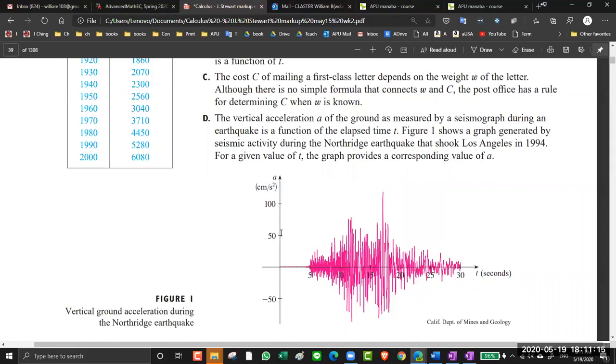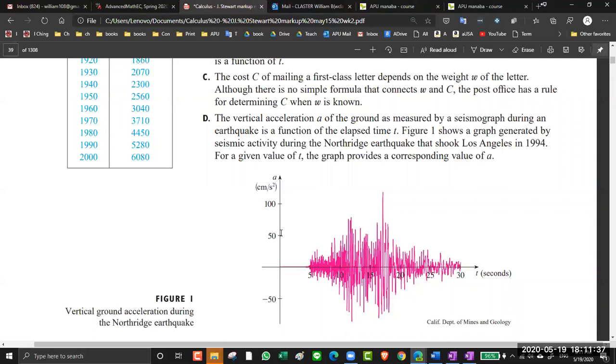So for a given t, the graph provides the corresponding value of A. What does A stand for?